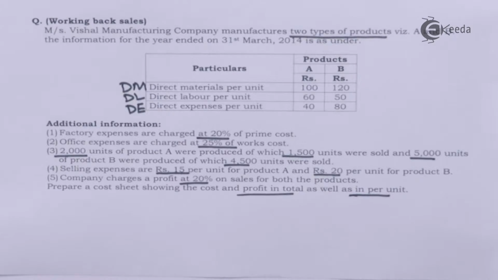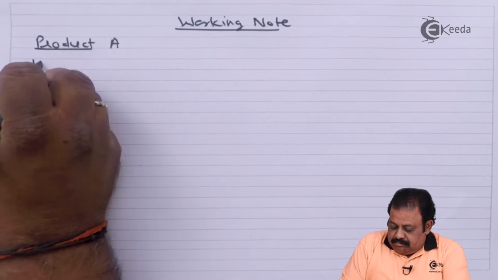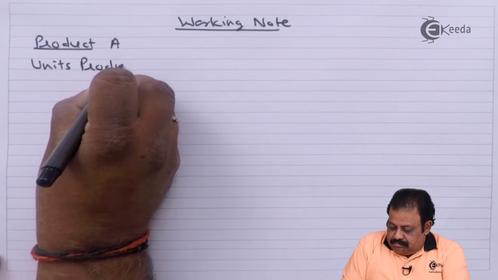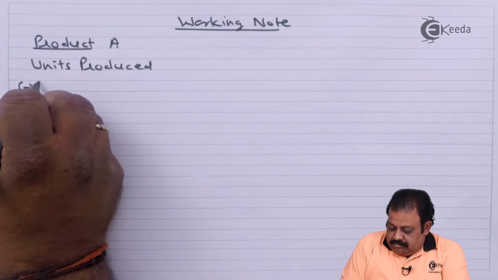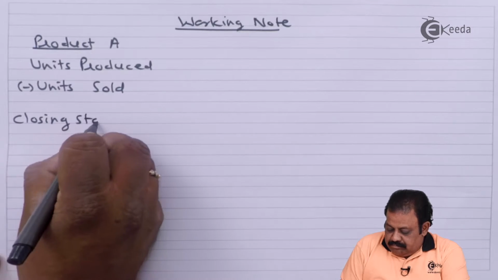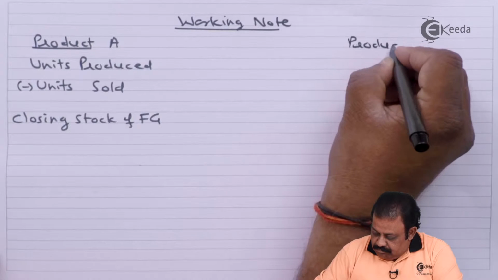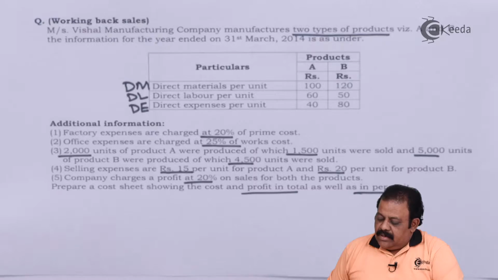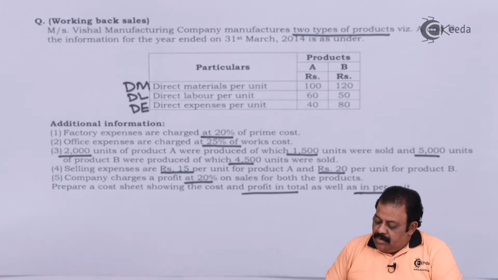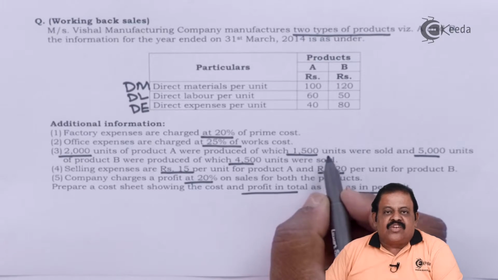In this question, we are required to find out closing stock of units for both the products. In case of product A, 2000 units are produced, 1500 units are sold.